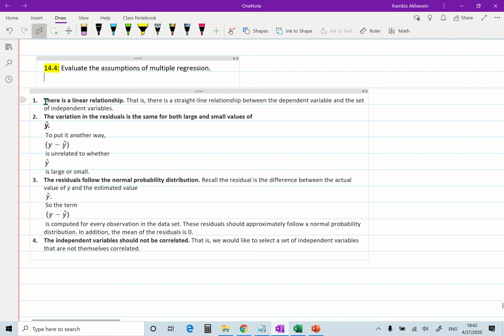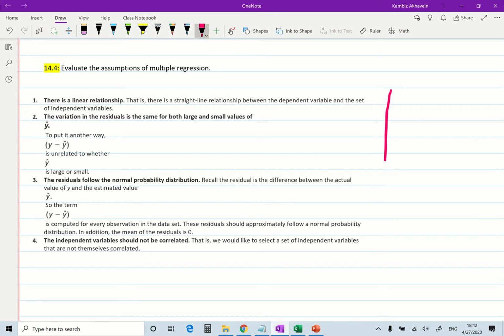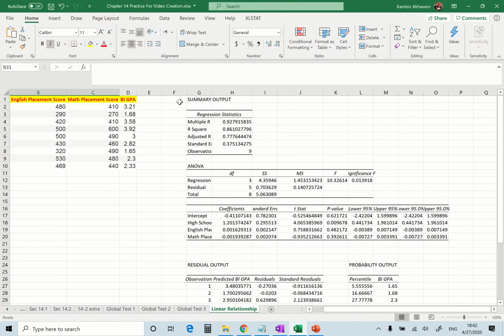One of the assumptions is that this is linear or multiple linear regression. What does that mean? That means your dependent and independent variable should be more or less related with a straight line. Might not be a straight line, but I should be able to fit a pretty good straight line through it. So how do I test that?